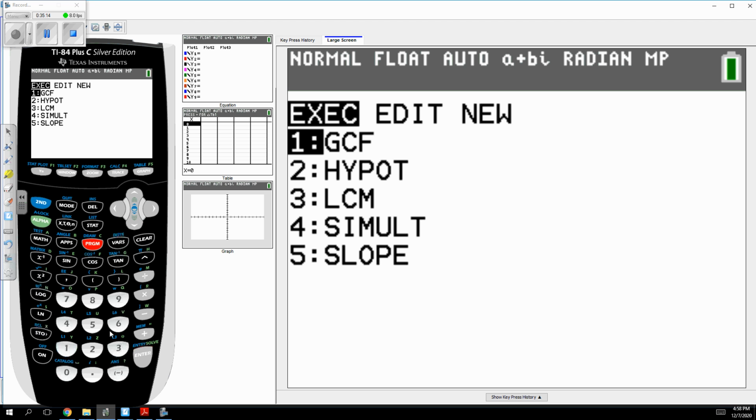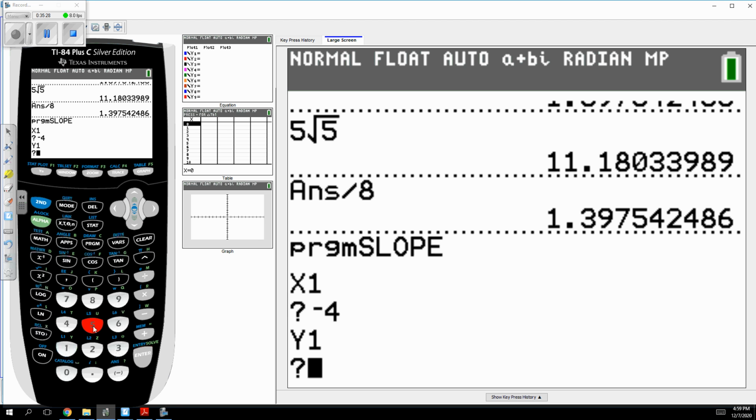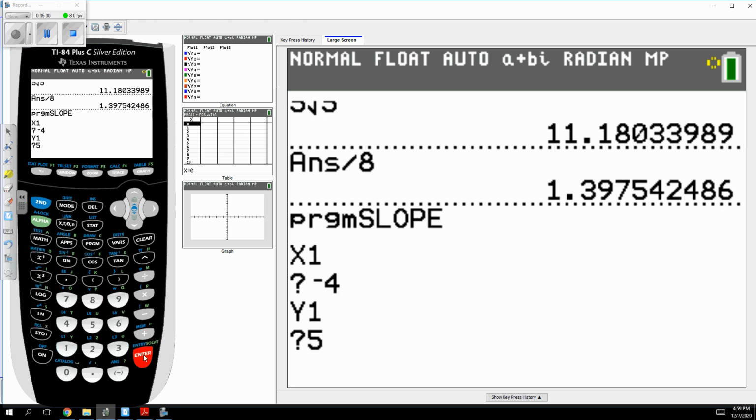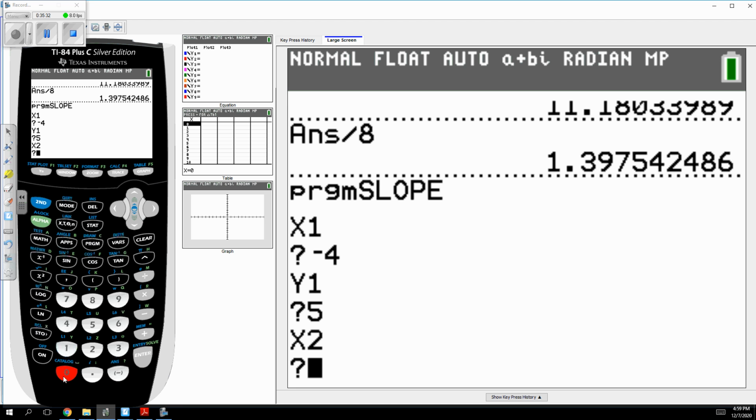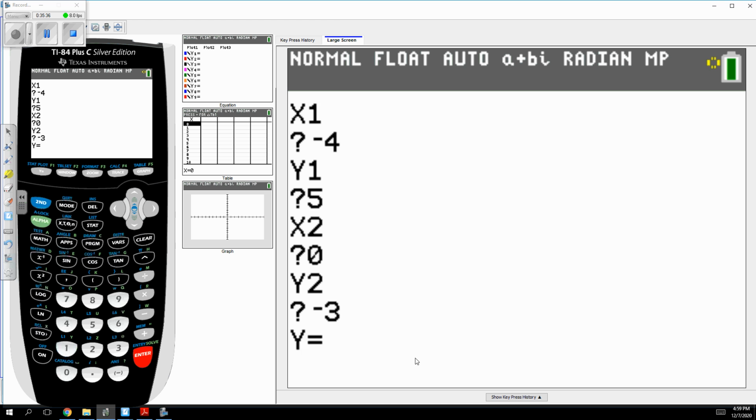So another great use of slope, you could put any of the 2 points you wanted in there to get the equation. I'll just choose the first two, -4, 5, and 0, -3. And what does that give you to check?